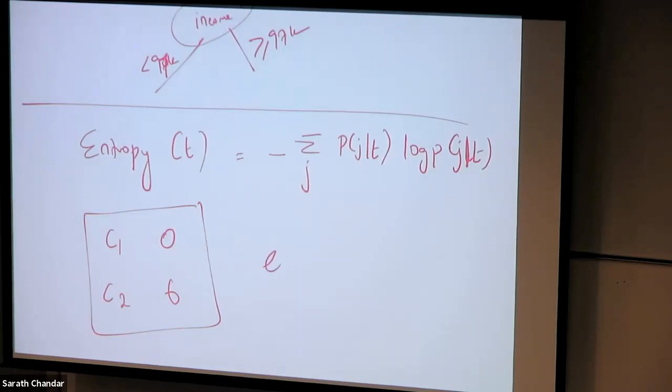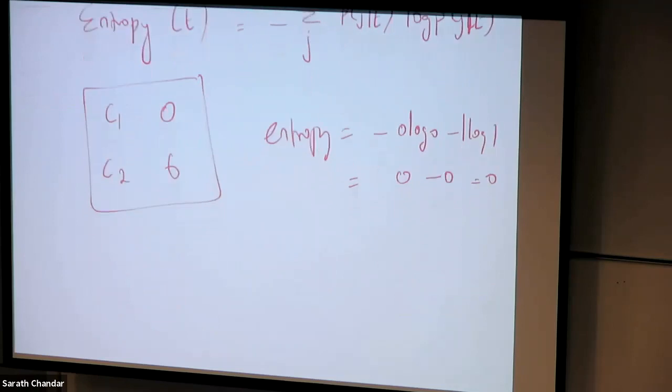The entropy here is defined as minus 0 log 0 minus 1 log 1. Now we are going to consider anything that is not well defined to be 0. So this is going to become 0 minus 0. So this is 0. 0 is the minimum value for entropy.